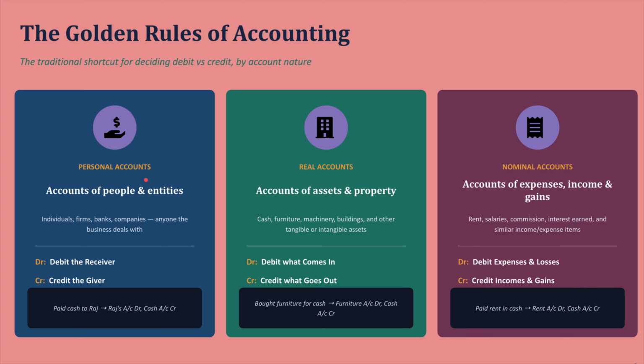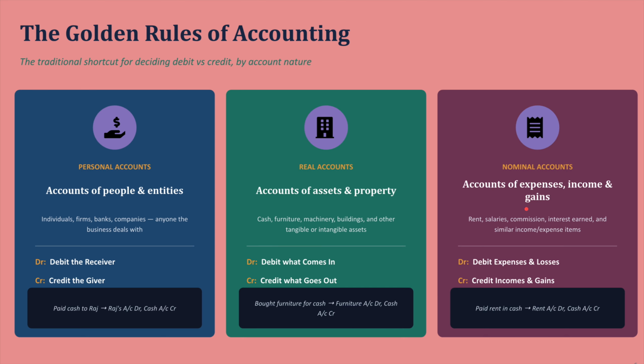Personal accounts include accounts of firms, banks, companies, everything like that. Then the real accounts: all the assets or properties of the business come under this, like cash, furniture, machinery, buildings and other tangible and intangible assets. Then comes the nominal accounts.